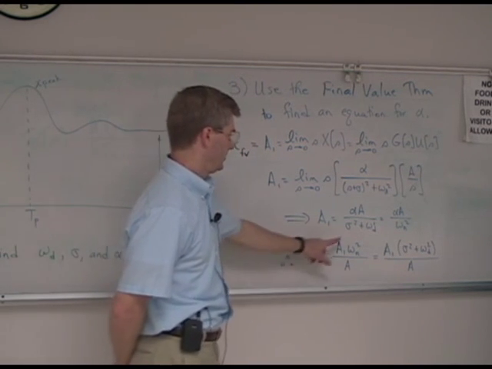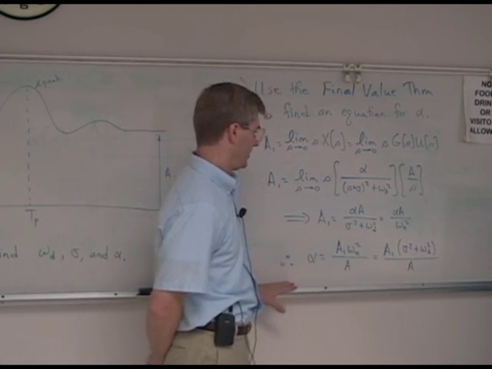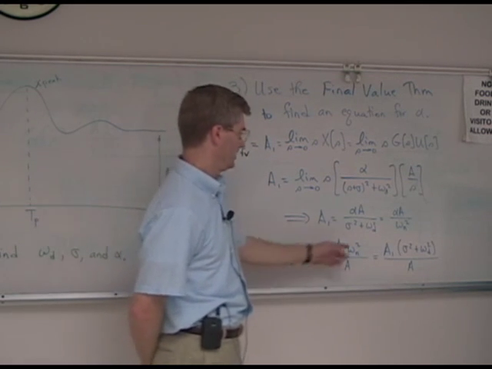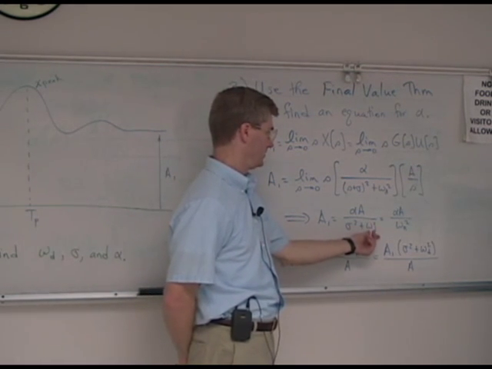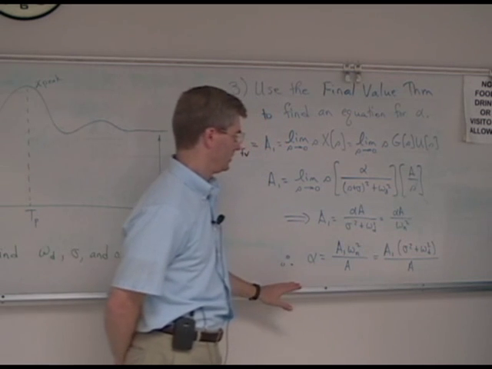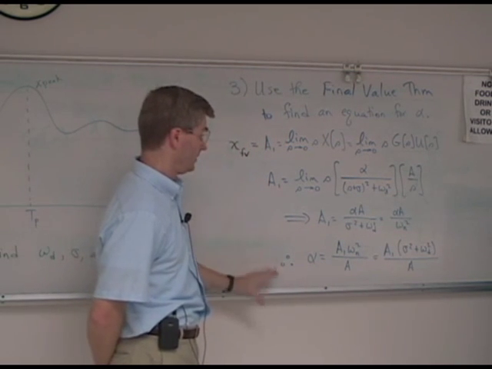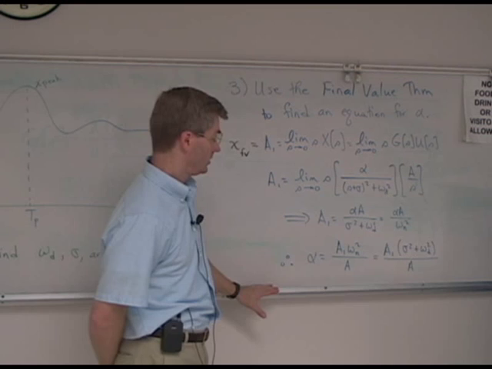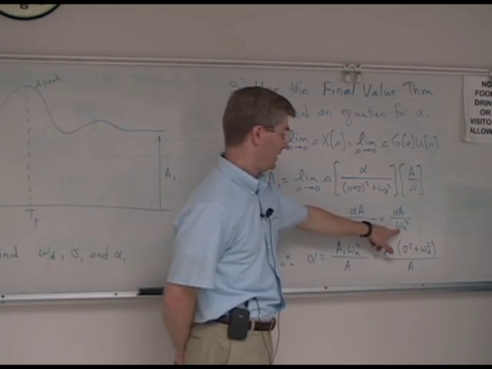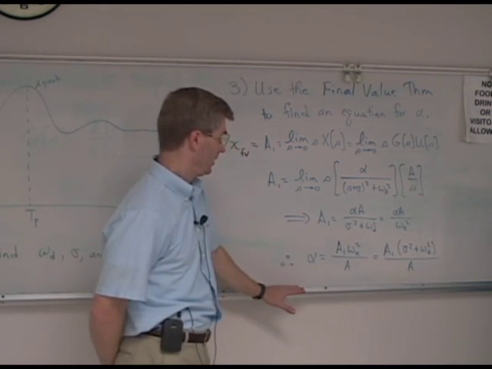Remembering our relationship between the real part and the imaginary part of our complex roots says that sigma squared plus omega sub d squared is actually equal to the hypotenuse, or the radial distance of that pole from the origin, and that's our natural frequency squared.